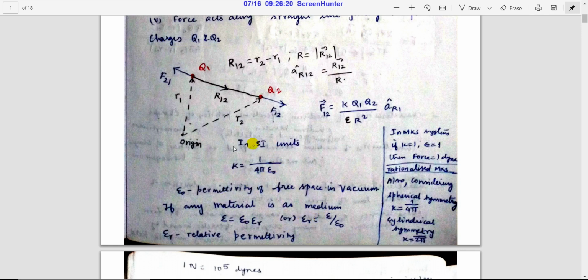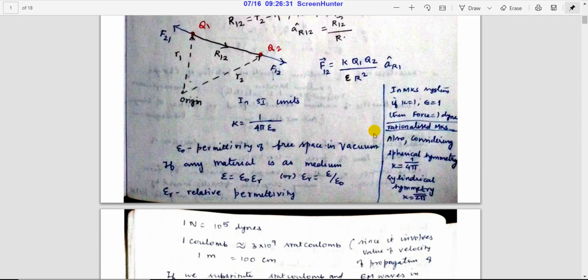How this particular proportionality constant has been derived can be explained in this manner. I am just going to brief, not go into details.